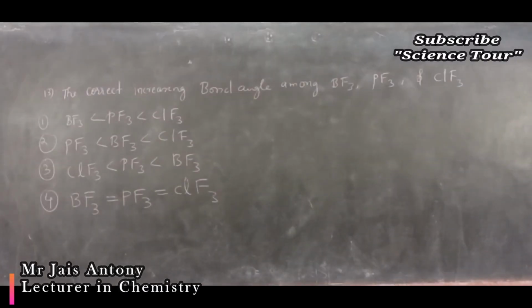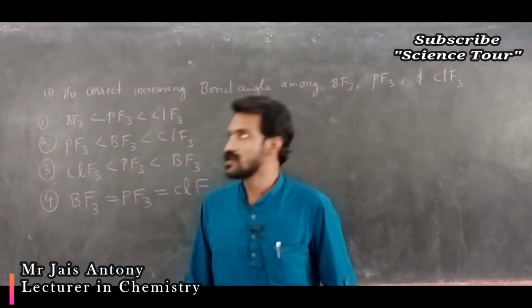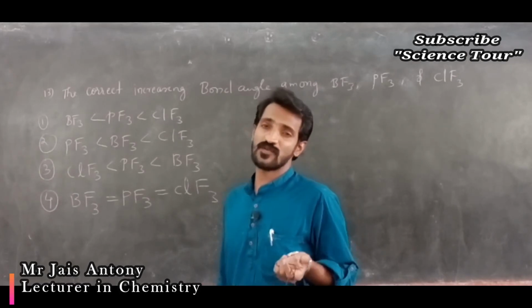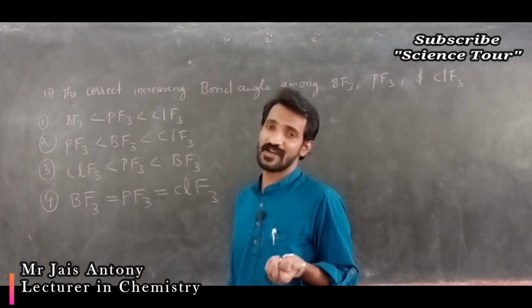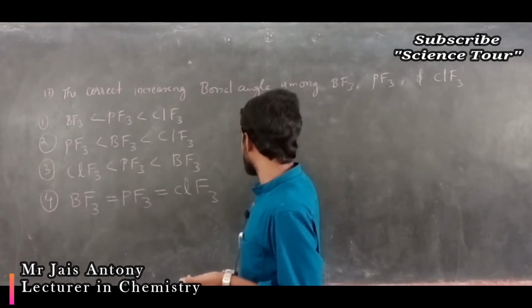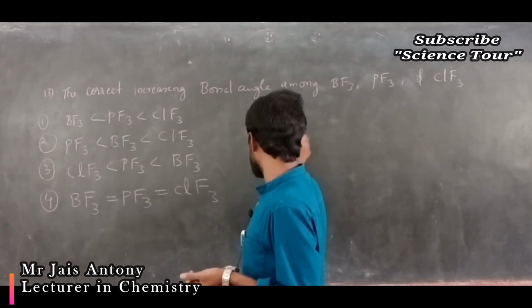Okay, my dear students, this is a question. The correct increasing bond angle among BF3, PF3, ClF3. For all this you should know how to find the lone pair electrons, bond pair electrons and hybridization. My dear students, first we will discuss BF3. In BF3, boron has 3 electrons, 3 bond pairs, there is no lone pair.